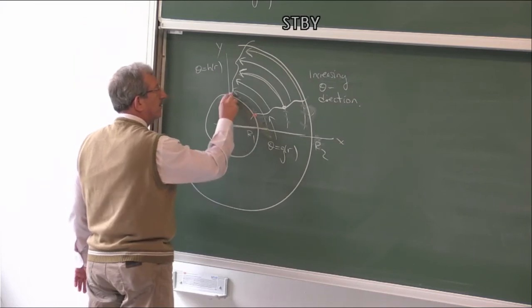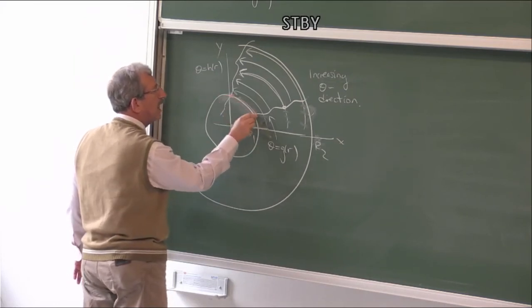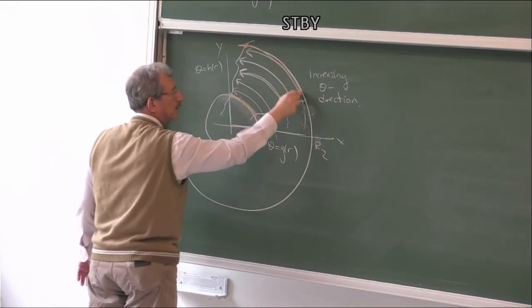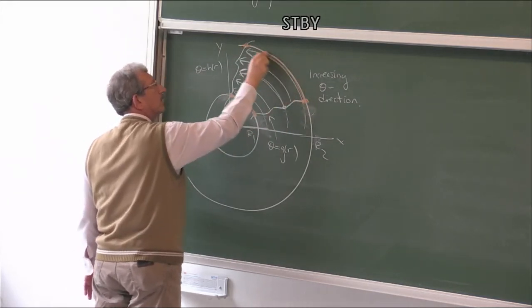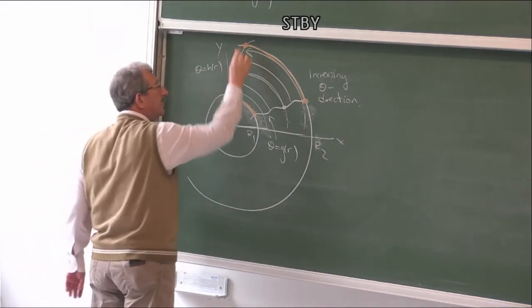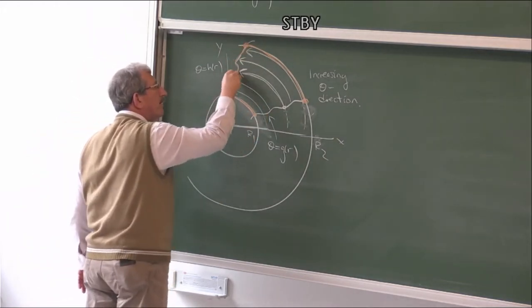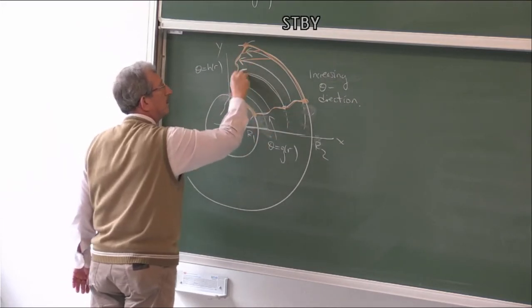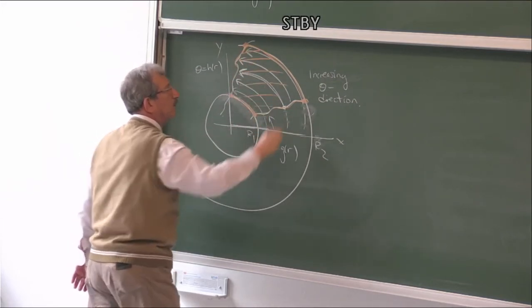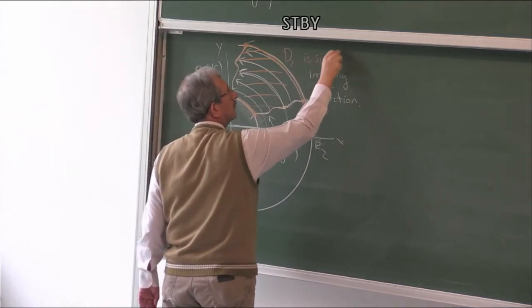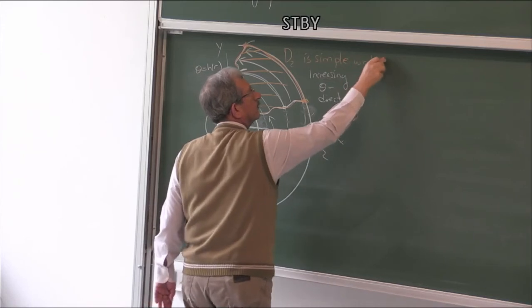Firstly, it must lie between two circles. And in the theta direction, you must have curves. So this D2 is simple with respect to theta first.